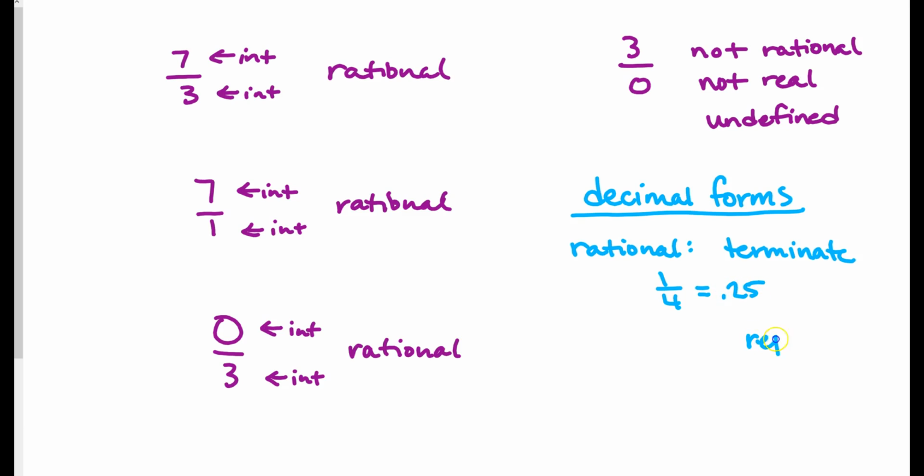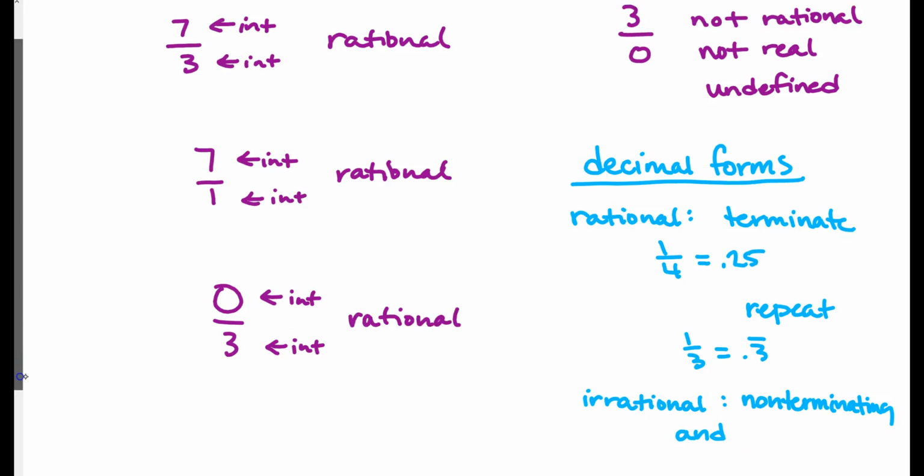Or it would repeat. For example, if you had 1/3, in its decimal form you have 0.3 repeating. But if it's irrational, in its decimal form, it's not going to terminate. And it's not going to repeat.